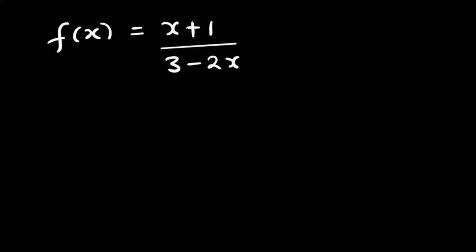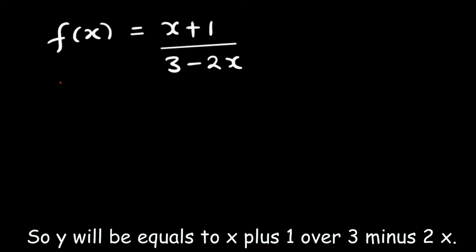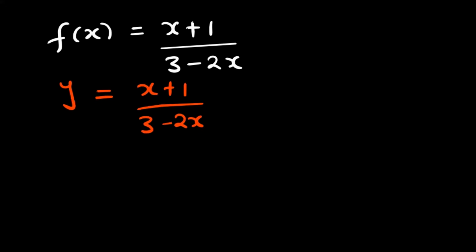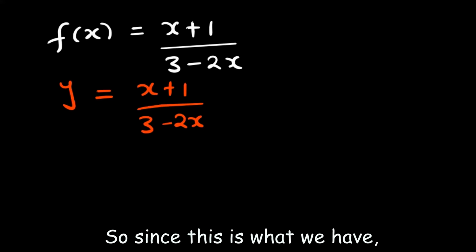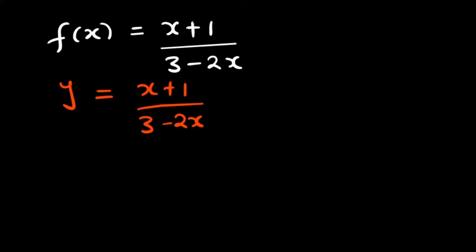Now let's solve another one. Let's say you have f of x is equal to x plus 1 over 3 minus 2x. So y will be equal to x plus 1 over 3 minus 2x. So since this is what we have, we're going to cross multiply.